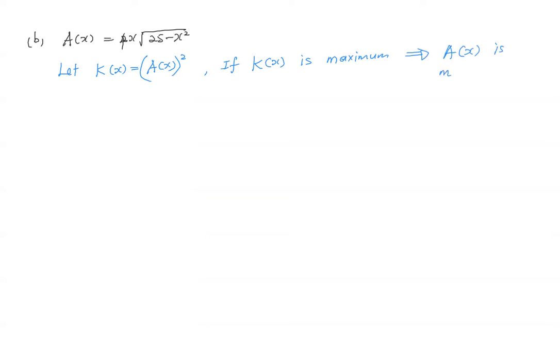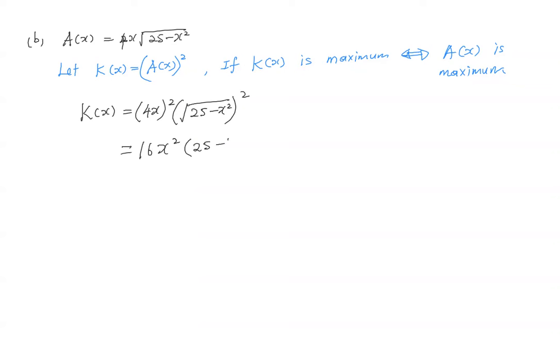Or a of x being maximum will produce k of x being maximum, vice versa. Now I put my k of x as the whole thing and square it. The whole thing squared. So now I got 16x squared times 25 minus x squared.